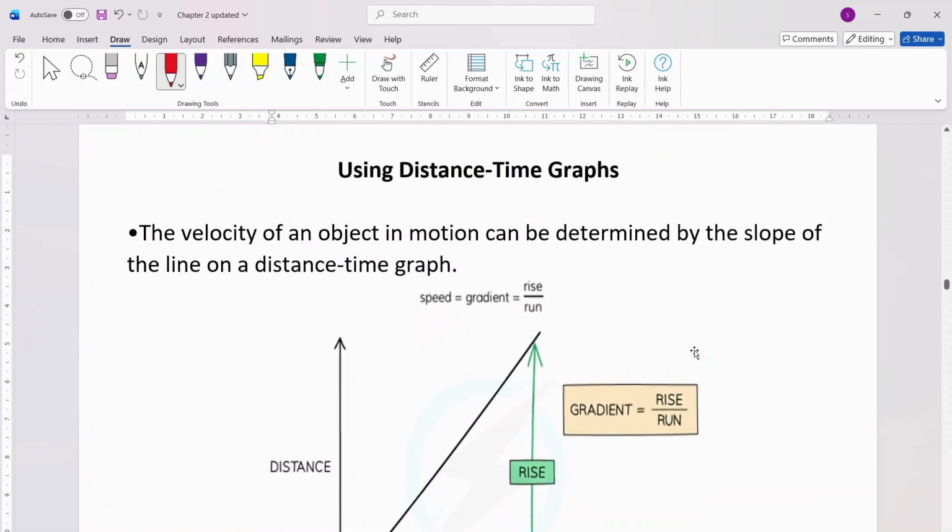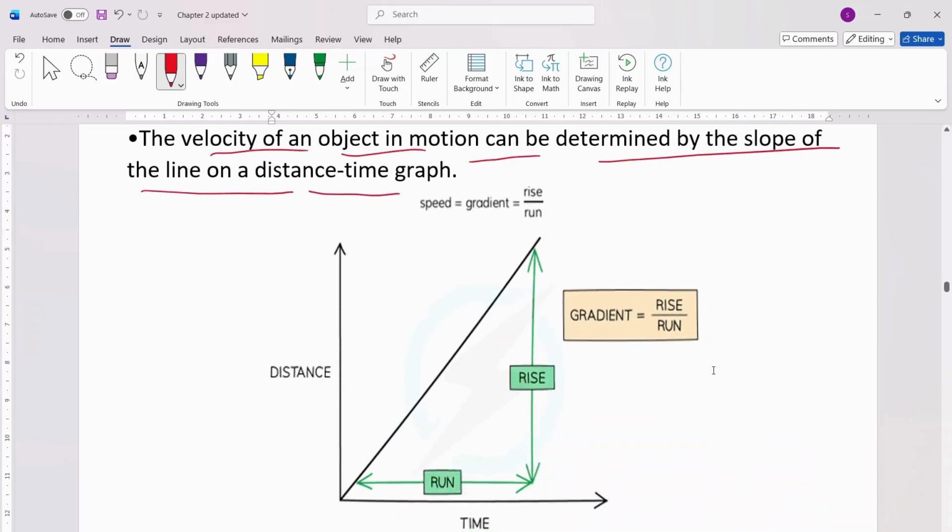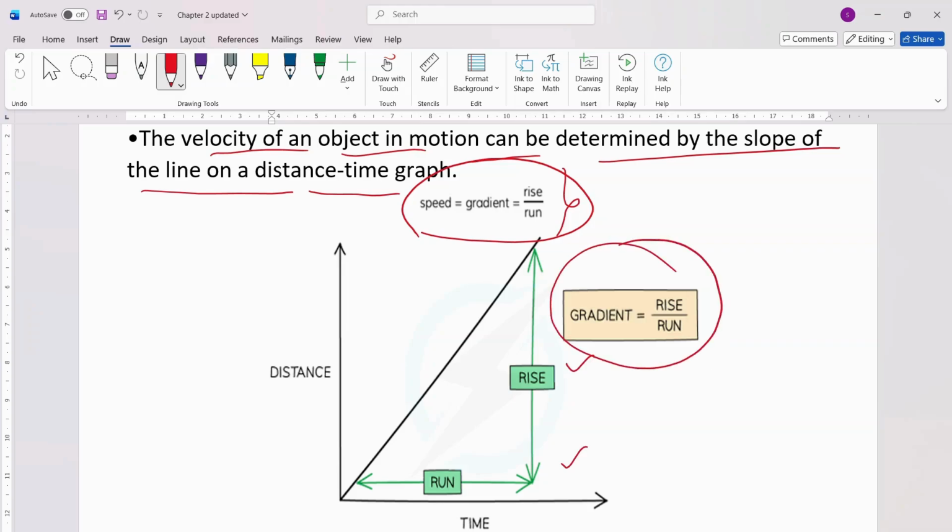Using the distance time graph, we can see that the velocity of an object in motion can be determined by the slope of the line on the distance time graph. Speed is the gradient, which is equal to rise over run. So this is run, this is rise. Our gradient is rise over run. Our vertical y is distance and our horizontal x is time.